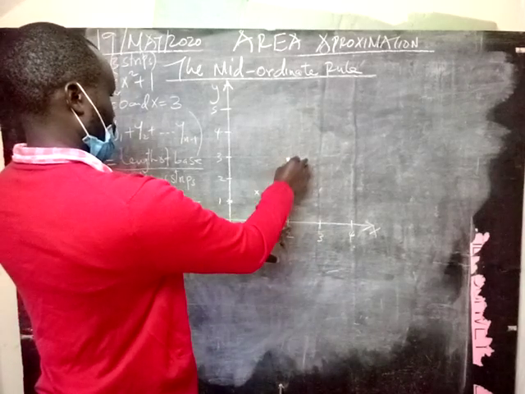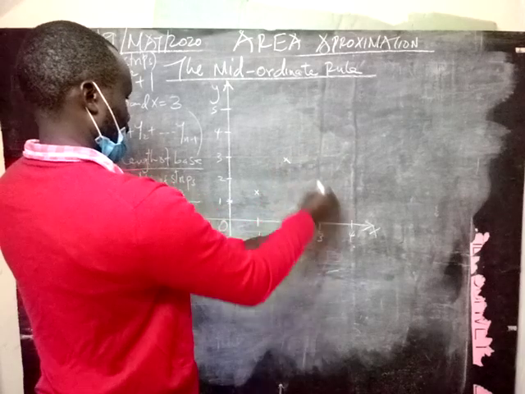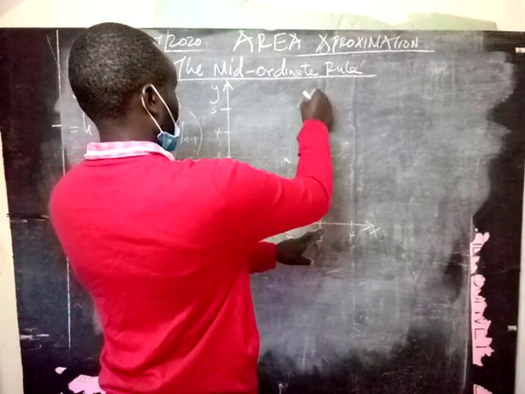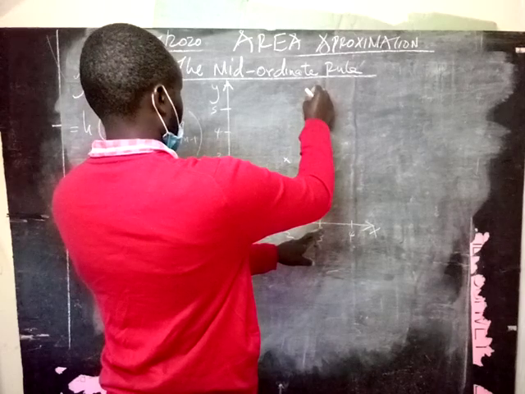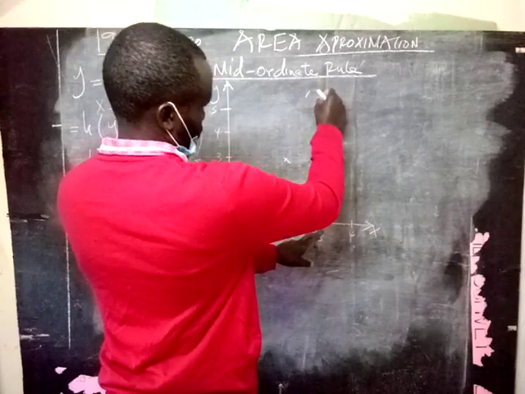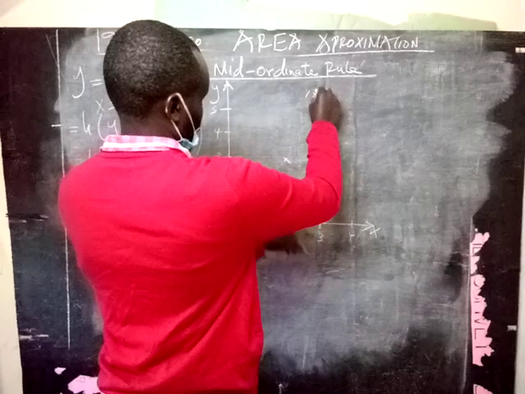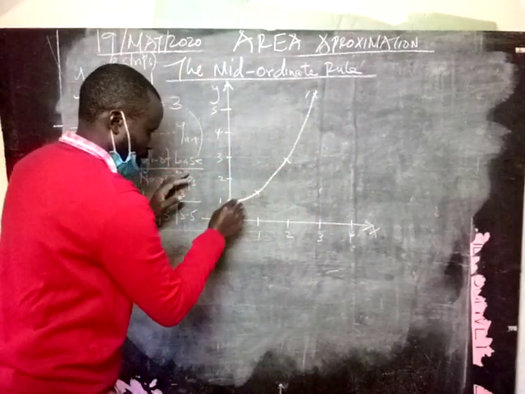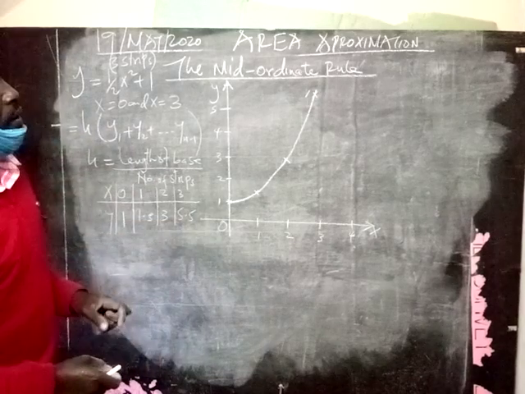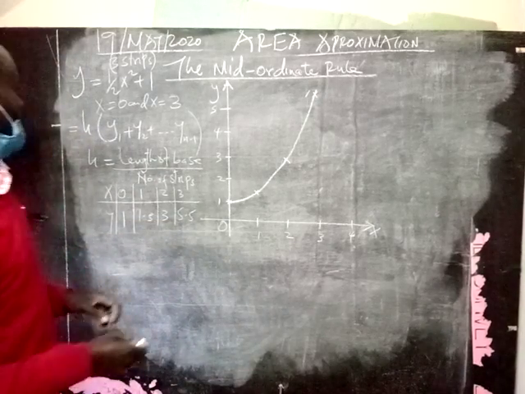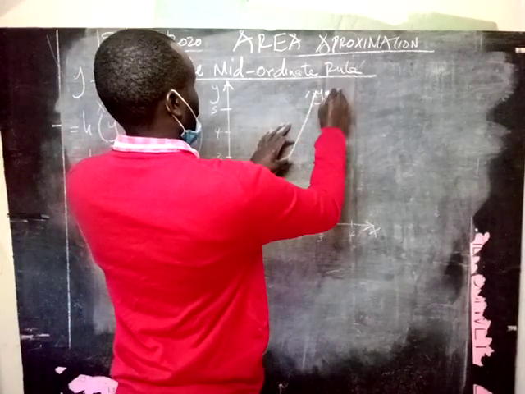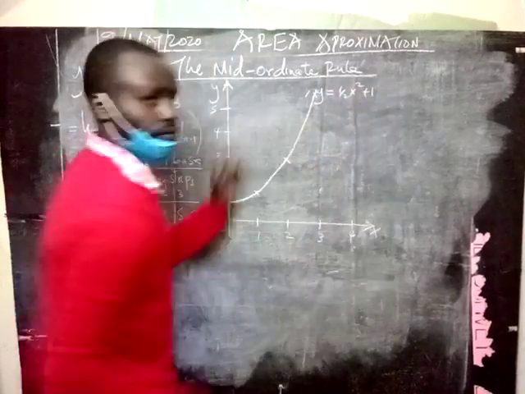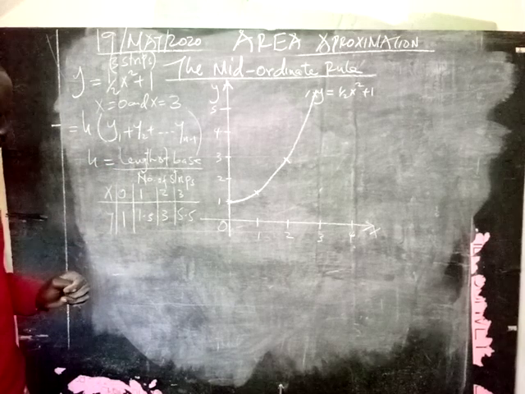We have it here. We have 3, that's 5.5 here. So that we'll have our curve. So that is our curve where we have y equals to half x squared plus 1.